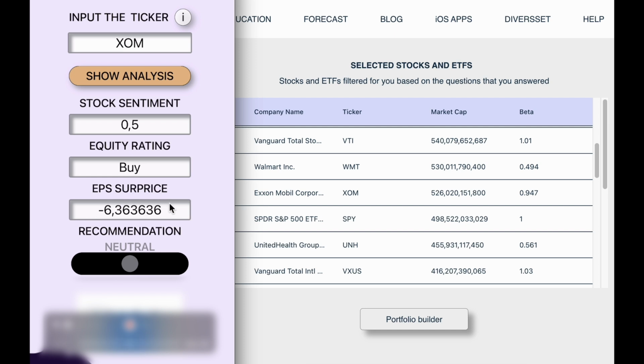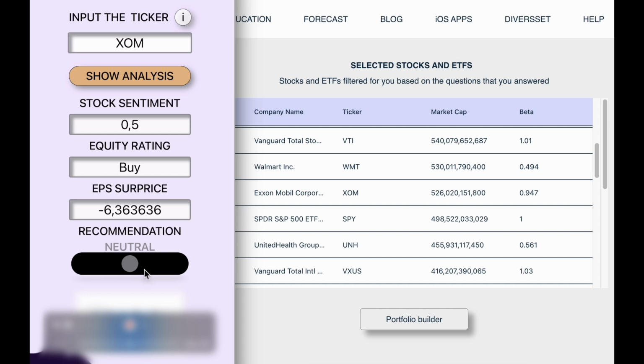In this case, it is not showing an EPS surprise. The estimated earnings were higher than actual earnings by 6%, and that's why, based on all three indicators, it shows you a weighted recommendation based on the three indicators and their weights. It shows you the neutral recommendation.